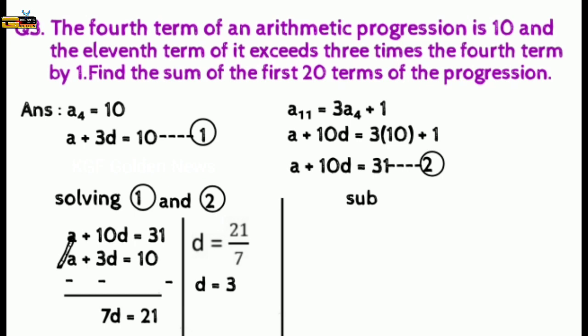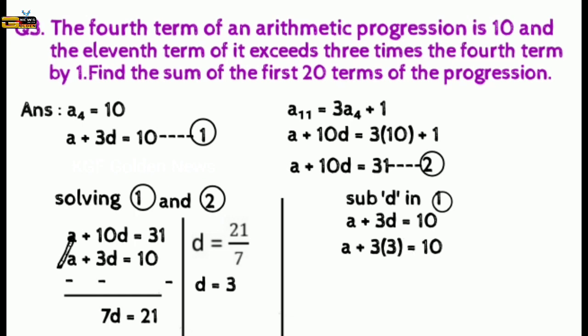By substituting the D value 3 in equation number 1, A plus 3D equals 10. Therefore, A plus 3 into 3 equals 10.